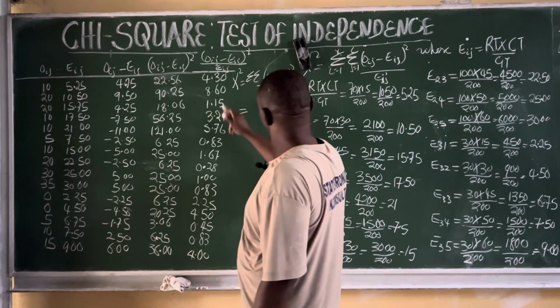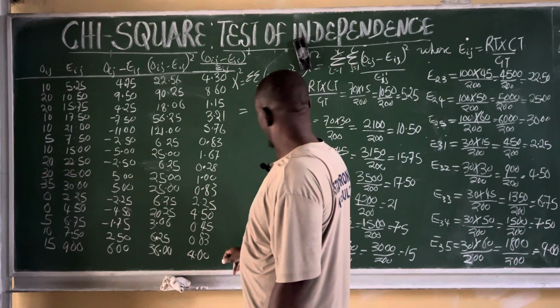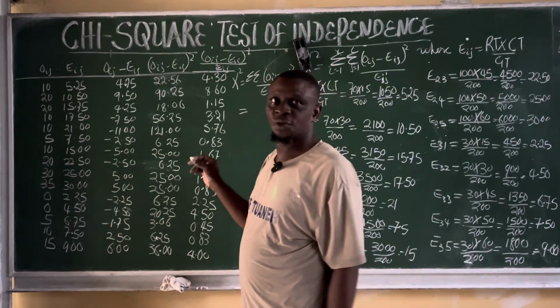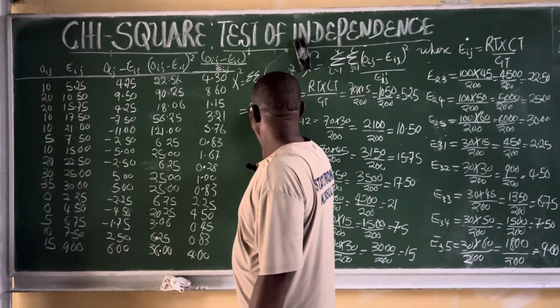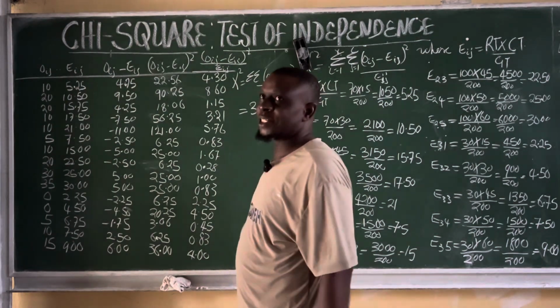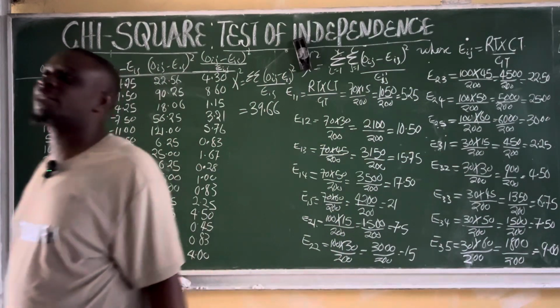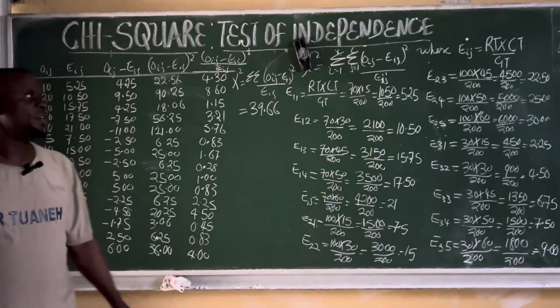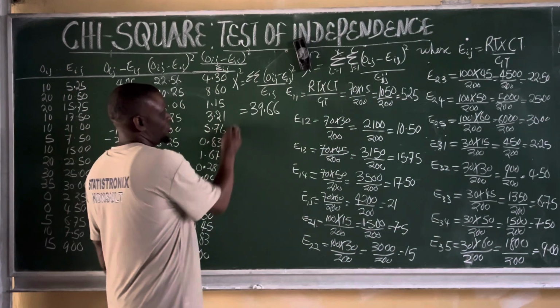That will be equal to, so the sum of this value, which we have already divided by this, is equal to... so as it is now, our computed or calculated chi-square is 39.66.